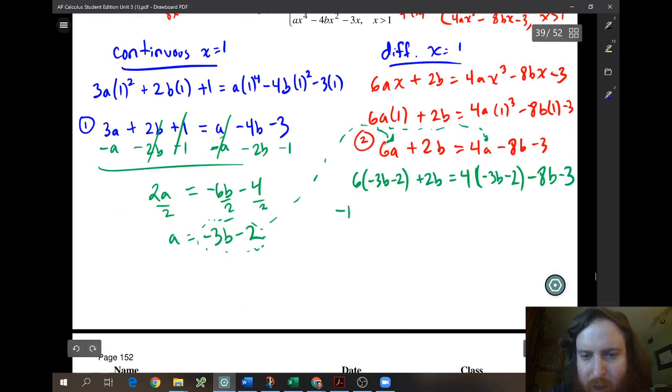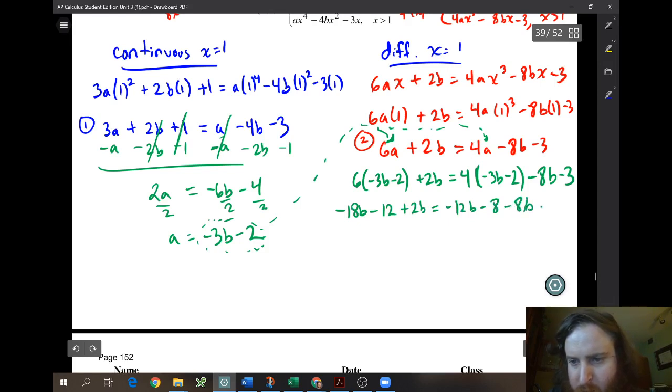So if we distribute, we get negative 18b minus 12 plus 2b equals negative 12b minus 8 minus another 8b minus 3. Now we can combine like terms, but only for each side. So this is negative 18 plus 2 will give us negative 16b minus 12. On the right side, negative 12b minus 8b will be negative 20b.